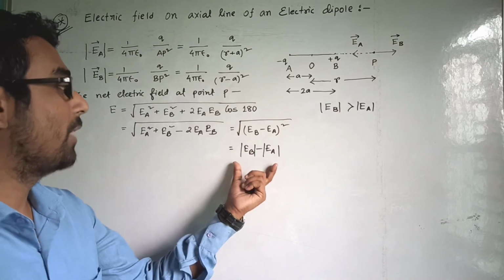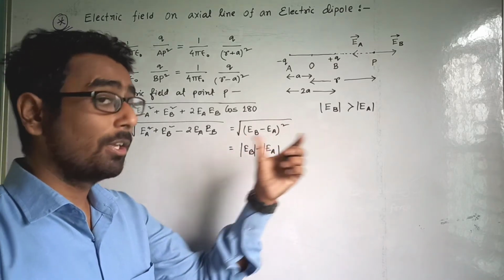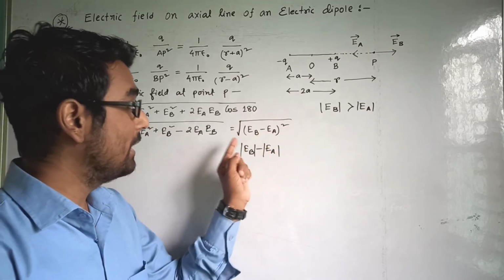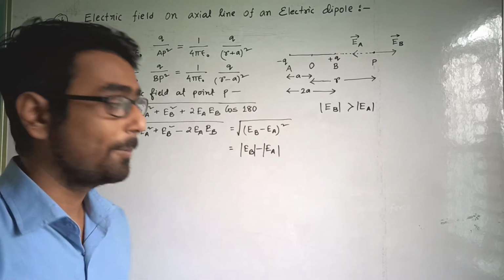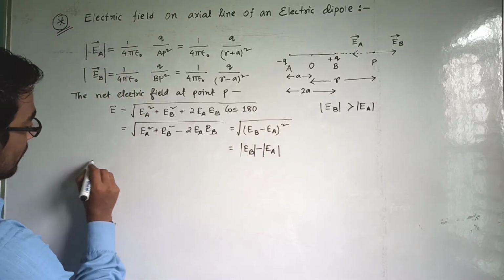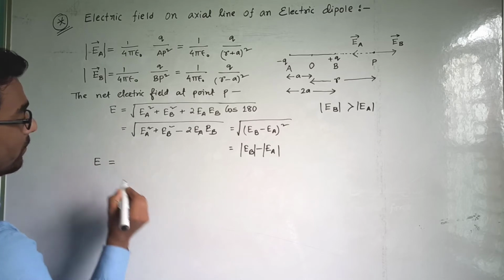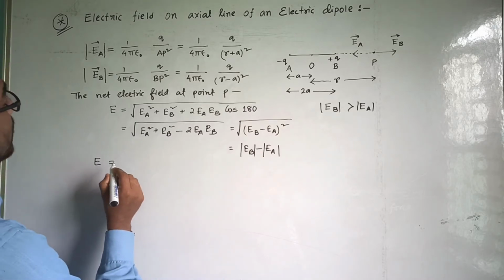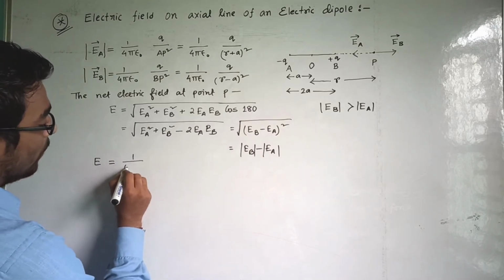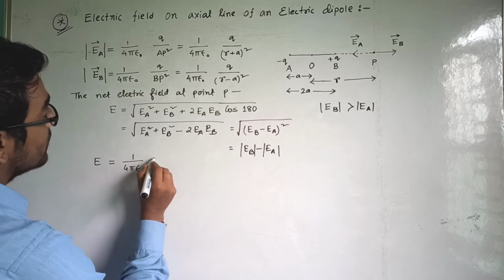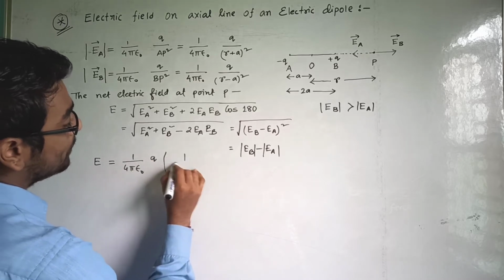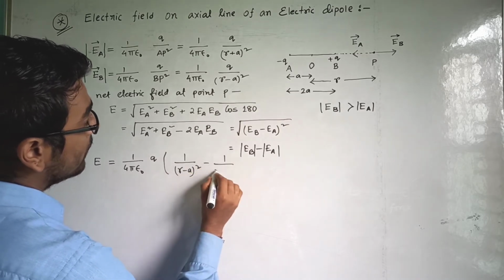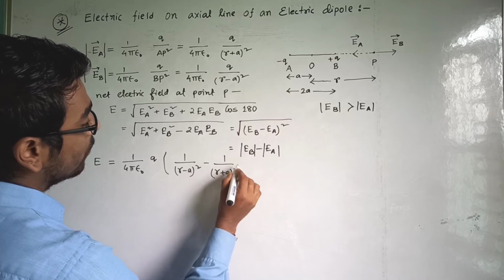We can also write EA minus EB, the value will be the same, but we will write EB minus EA because EB is greater than EA. So the net electric field will be E is equal to, if you put the value of both EA and EB, we can take common 1 by 4 pi epsilon naught and Q, it will be 1 by (R minus A) whole square minus 1 by (R plus A) whole square.